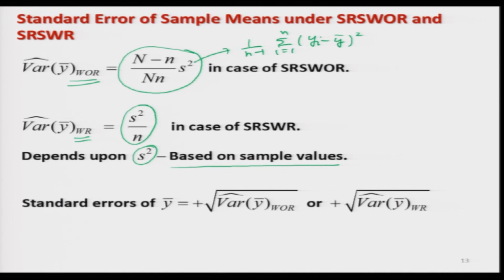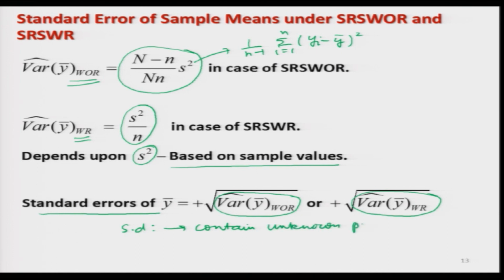Now, if you take the positive square root of these estimates of the variances, either under WOR or WR, whatever you want, then this positive square root of the estimate of the variance is called the standard error. So that is the basic difference between standard deviation and standard error. Usually the standard deviation will contain unknown population values, and the standard error will be based only on sample values, right?